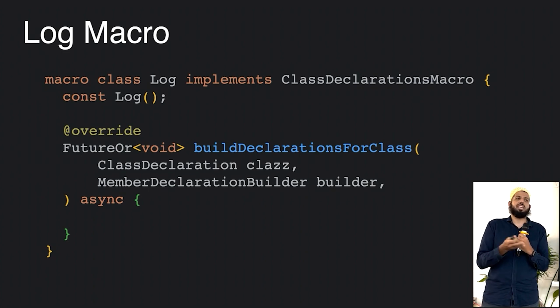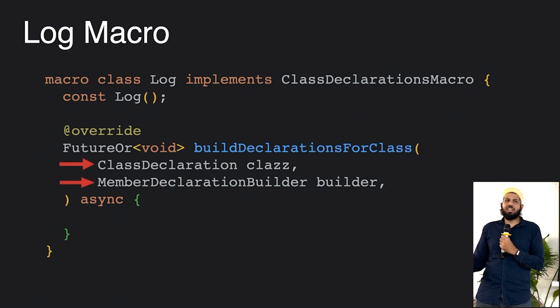So you don't know which things you are talking about. So you have to go little bit into detail about the language कि language के अंदर इसको क्या बोलते हैं, and then you will be able to understand this. So इसमें थोड़ा मेहनत का काम है basically. So class declaration है, it will give you information about the class, and then there is a builder parameter which is basically whatever things you put into that, it will build into your class.